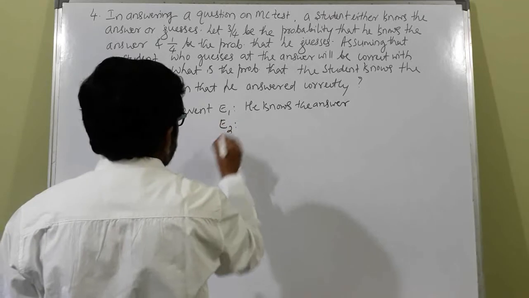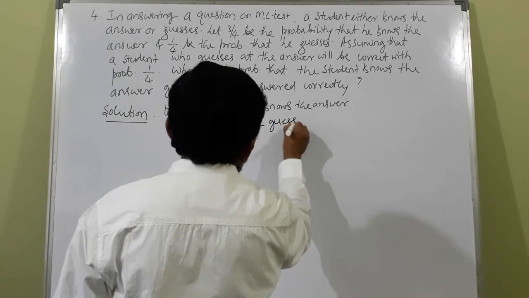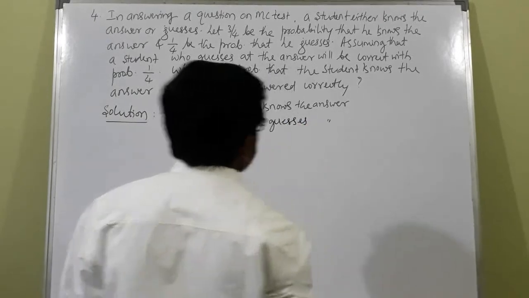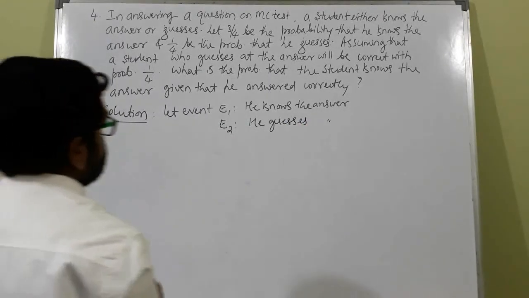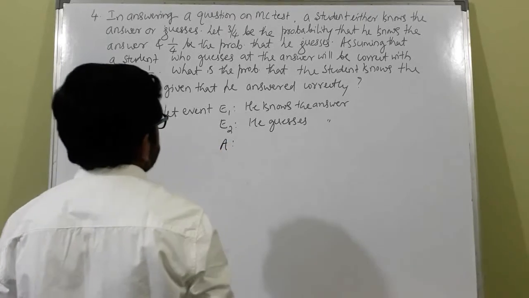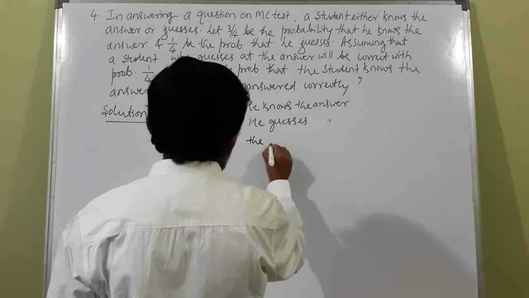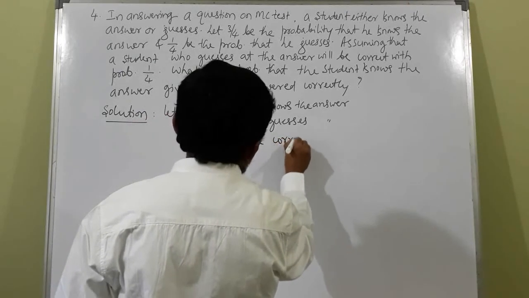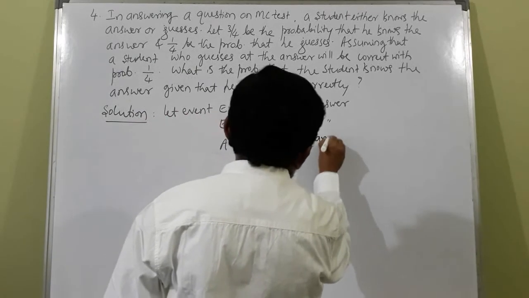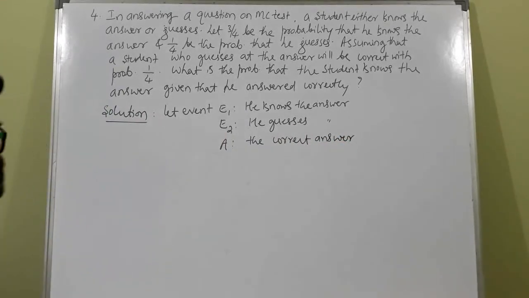E2 is he guesses the answer. Let A be the event that the answer is the correct answer. Event A is he gave the correct answer.